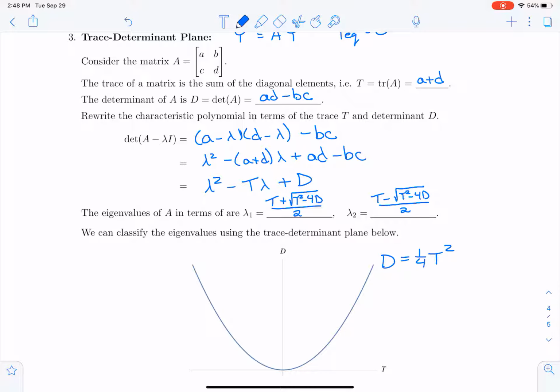And this is exactly where T squared minus 4D is equal to 0. So that's exactly where we get repeated eigenvalues. So we can break down this plane into cases.